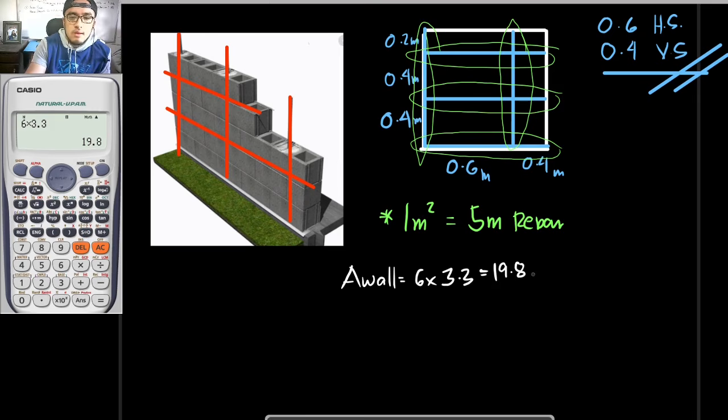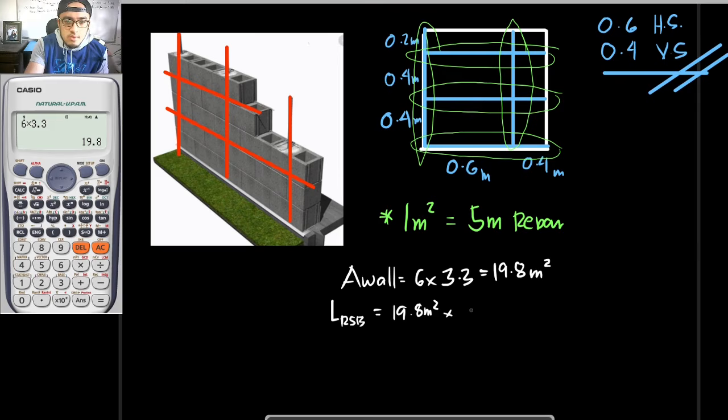19.8 square meters. So, for us to get the total length of rebar that we would be needing in our project, so, length of rebar, so, RSB. So, RSB is reinforcing steel bars, okay? So, the length of RSB is equal to 19.8 square meters. Then, multiply this by the factor that we have derived earlier.